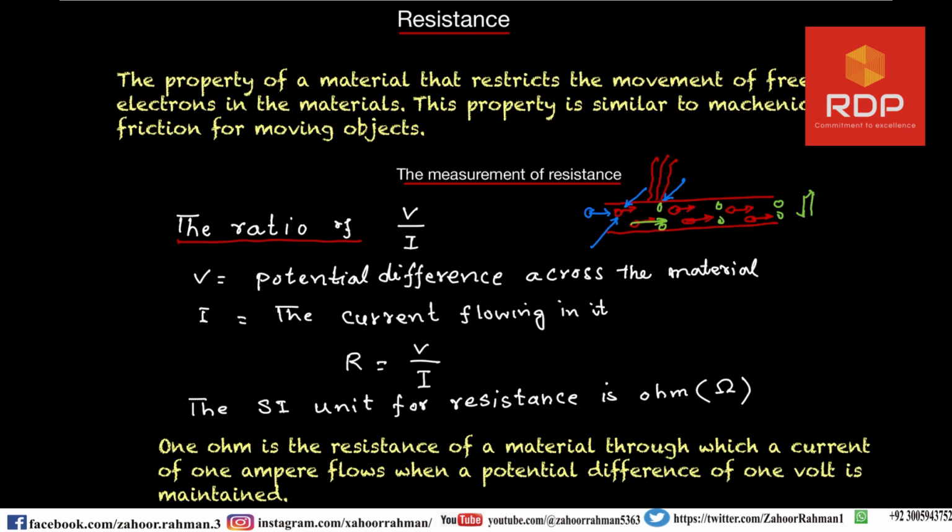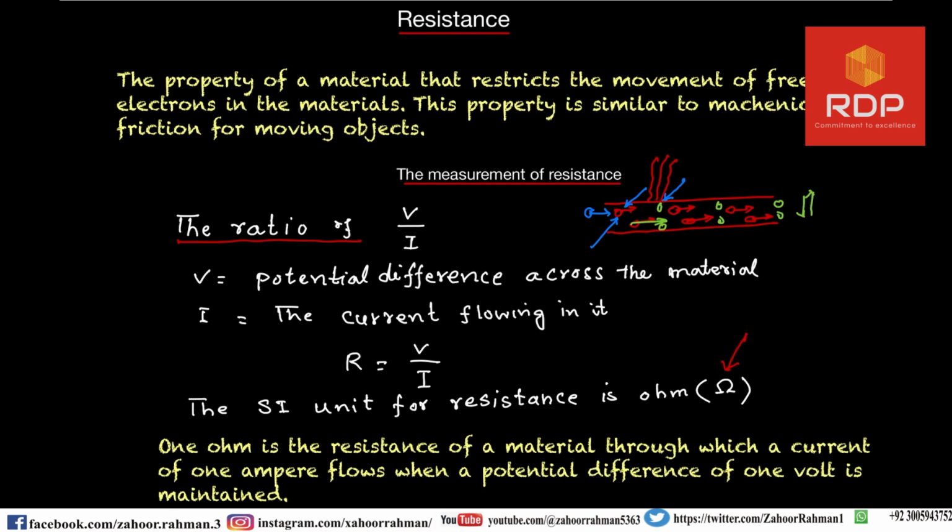Remember, the SI unit of resistance is the ohm, and this is the symbol used for ohm. Now what is 1 ohm? 1 ohm is the resistance of a material through which a current of 1 ampere flows when a potential of 1 volt is maintained.